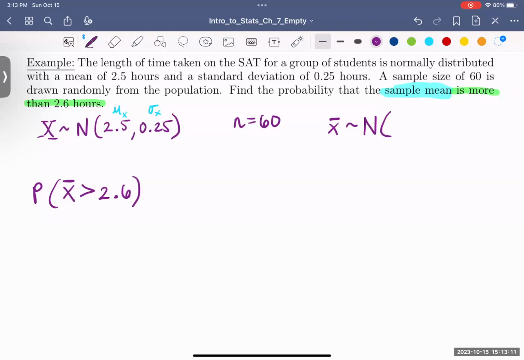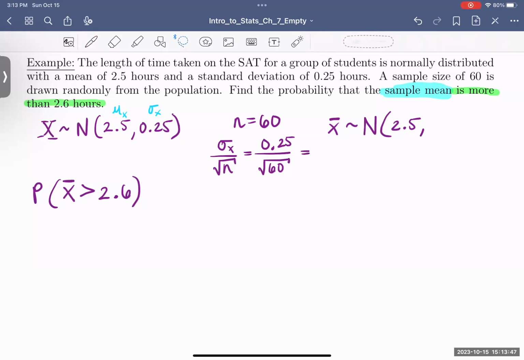X bar is normally distributed with the same mean as the regular distribution, but the standard deviation is different. The standard deviation is the old one divided by the square root of n. So that's going to be 0.25 divided by the square root of 60. Four decimal places should be close enough for the online calculator to get an accurate read, something close enough that MyOpenMath will accept it.